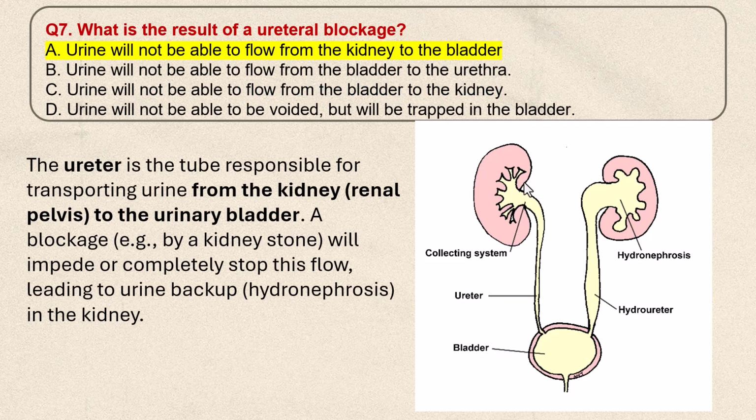The correct answer is A. In this question, you have to be very careful when you read. This is ureteral blockage, not urethral blockage, so we have to be careful. When the ureter is blocked, the urine from the kidney will not transfer to the bladder. So the correct answer is A. Urine will not be able to flow from the kidney to the bladder.